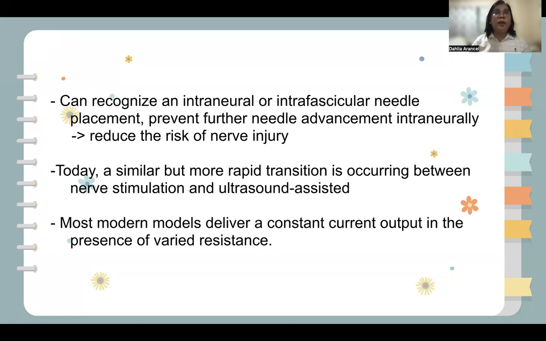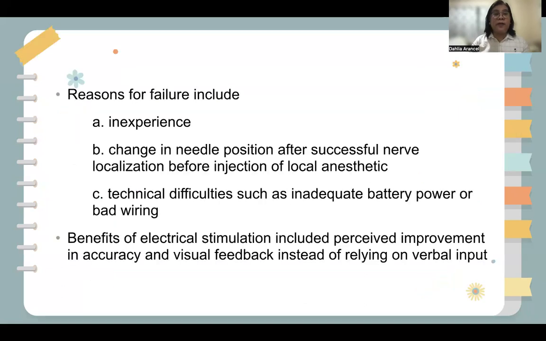Today, a similar but more rapid transition is occurring between nerve stimulation and ultrasound assisted techniques. Most modern models deliver a constant current output in the presence of varied resistance.